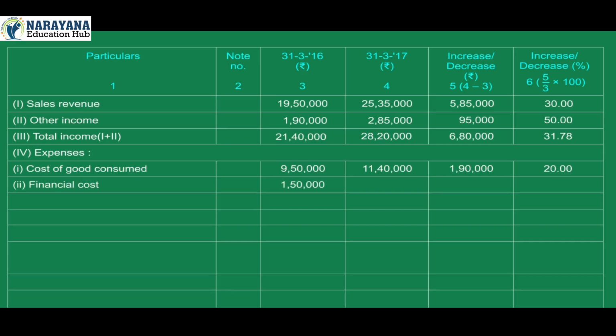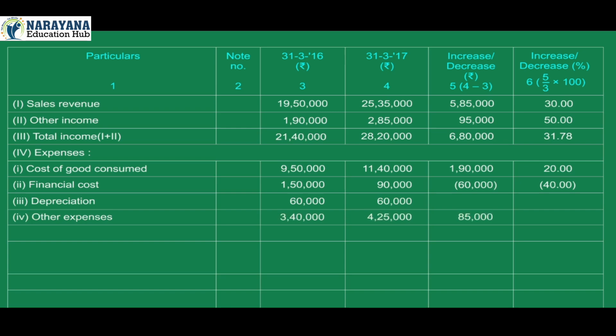Financial cost 1,50,000, 90,000, 60,000, 40%. 3. Depreciation 60,000, 60,000. 4. Other expenses 3,40,000, 4,25,000, 85,000, 25%. Total expenses 15 lakh, 17 lakh 15,000, 2 lakh 15,000, 14.33%.